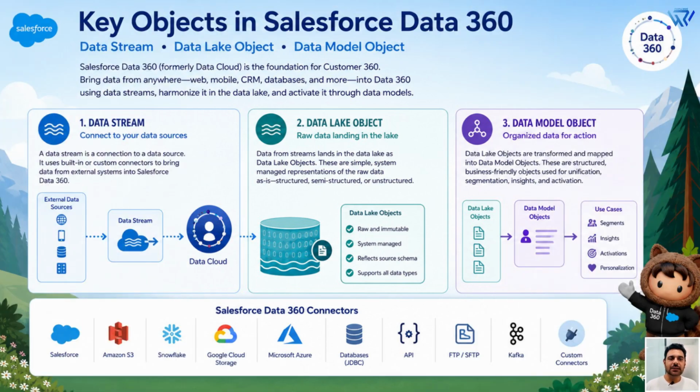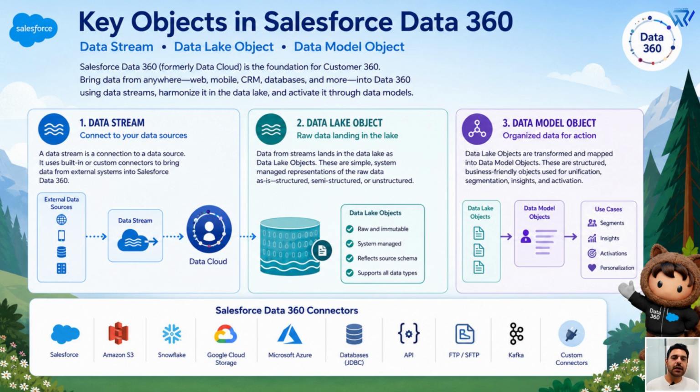What is a data stream, data lake object, and data model object inside Salesforce Data 360, formerly known as Salesforce Data Cloud? We know that Data Cloud is a place of customer 360 data.